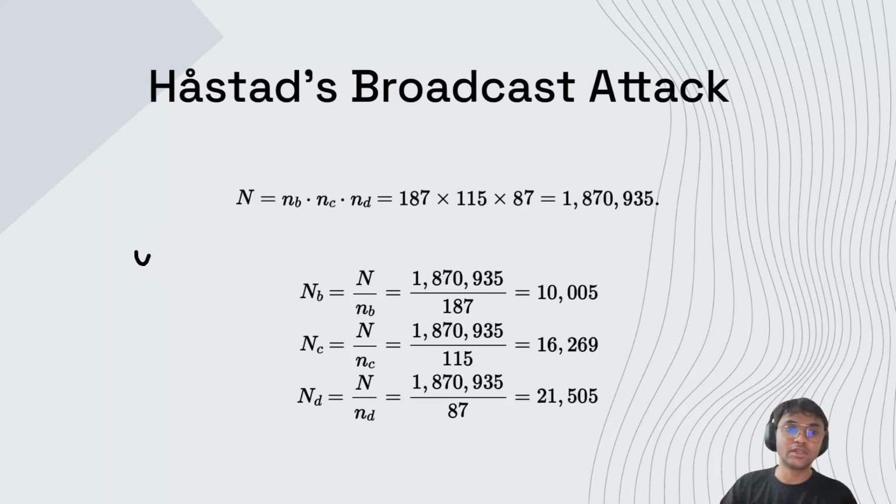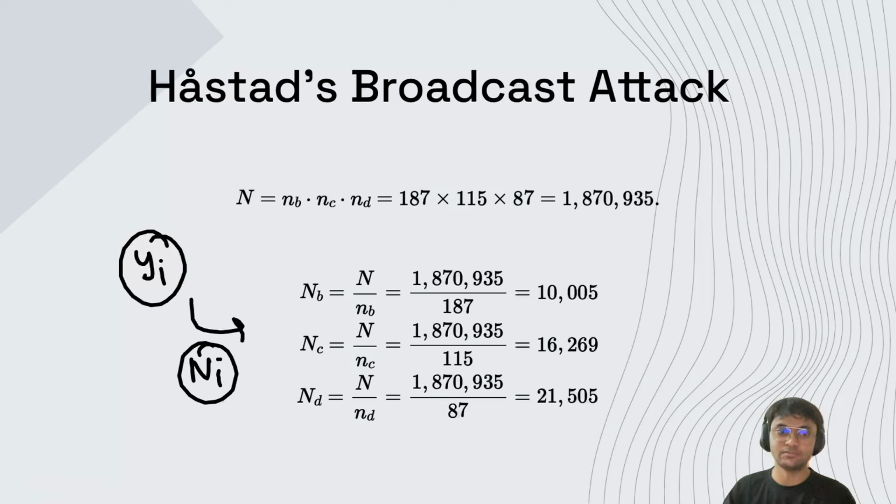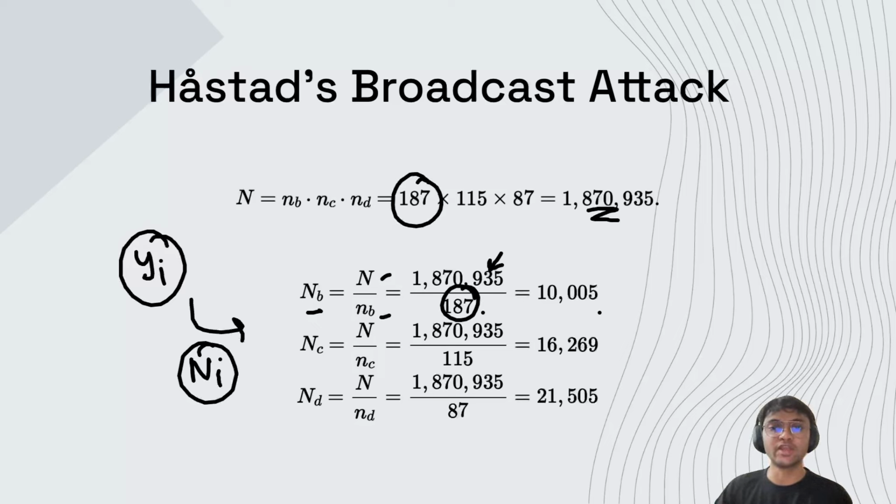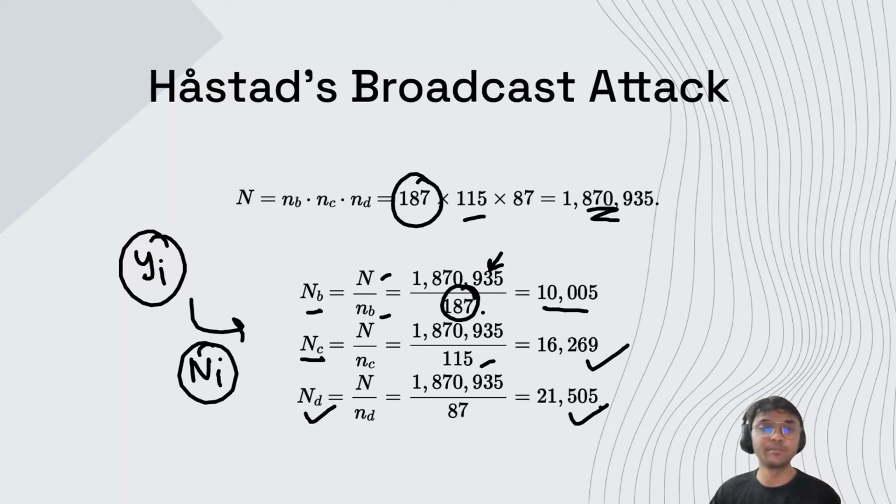Then Eve will calculate the N sub i's. For N sub B, it is N over N sub B, which was this large number that we just calculated over N sub B, and we get a number, 10,005. Similarly, we calculate this for N sub C, this number over N sub C itself, and we get the N sub C component of our equation. Similarly, for N sub D, we get a different number.